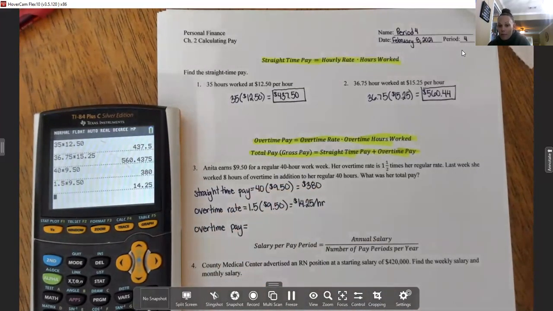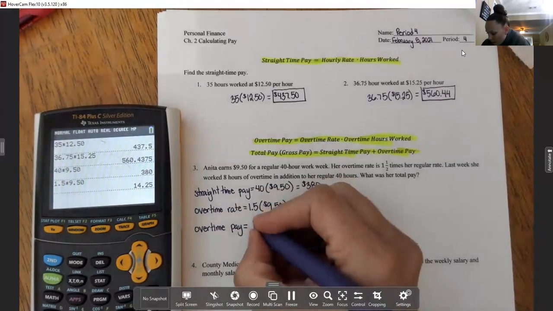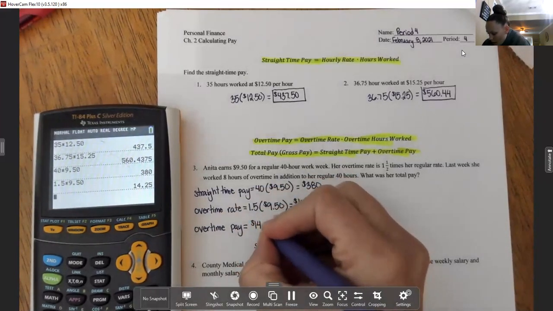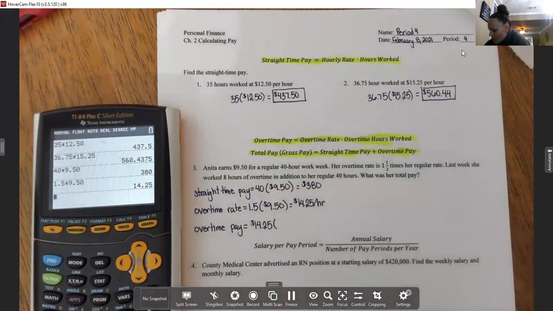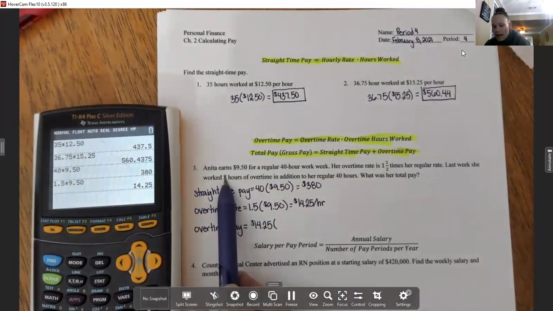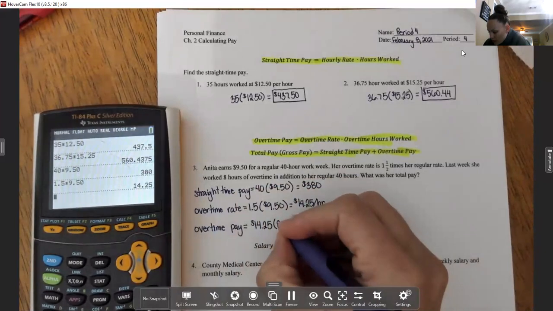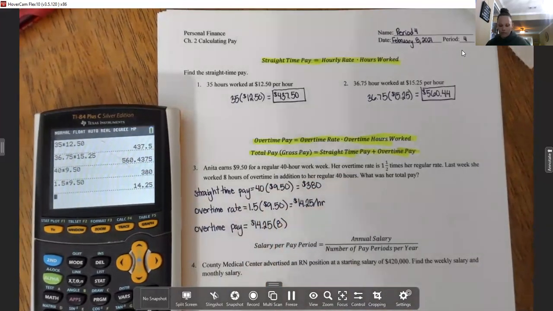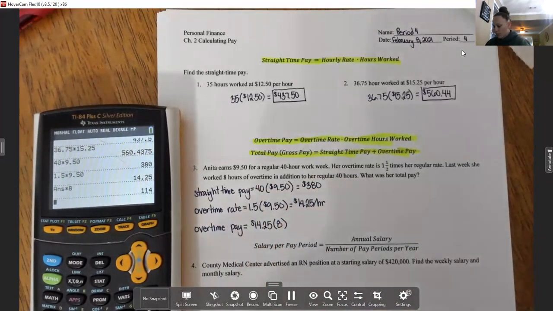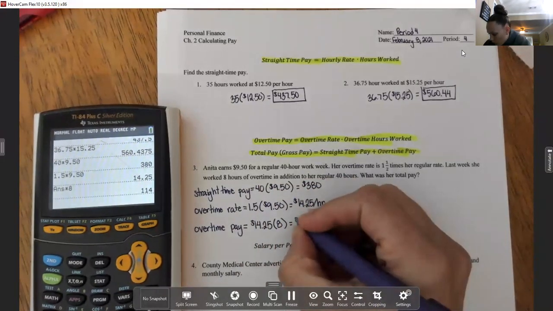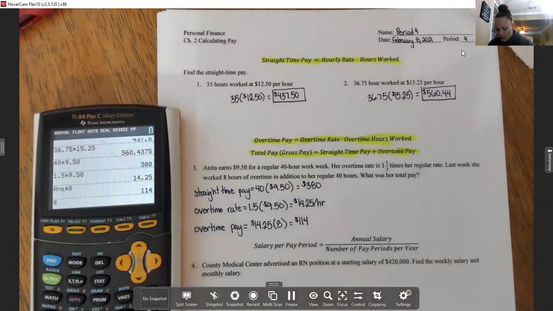So her overtime pay then is that overtime rate, $14.25 multiplied by the 8 hours of overtime that she works. So $114 in overtime pay.